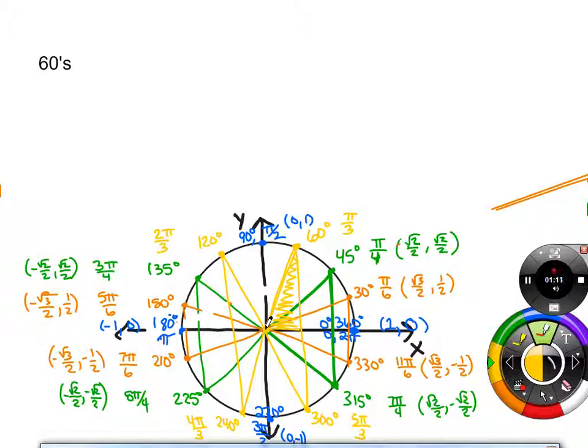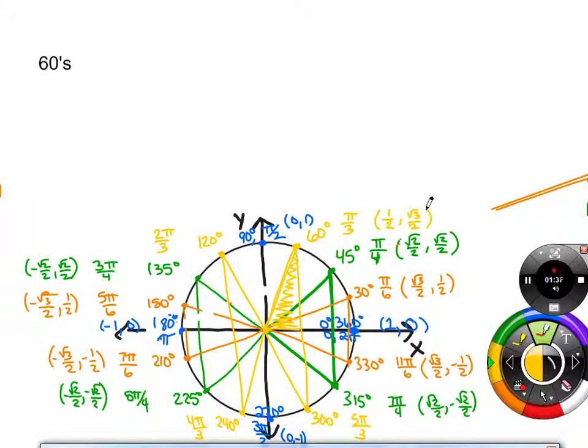And I know for the 30s, the long part was the x and the short part was the y, which is why the root 3 over 2 is the x coordinate and the 1/2 was the y coordinate. Where at a 60-degree location, the shorter distance is the x distance, the longer distance is the y distance, which means 1/2 is going to be the x coordinate, and root 3 over 2 is going to be the y coordinate. Is this okay with everybody?